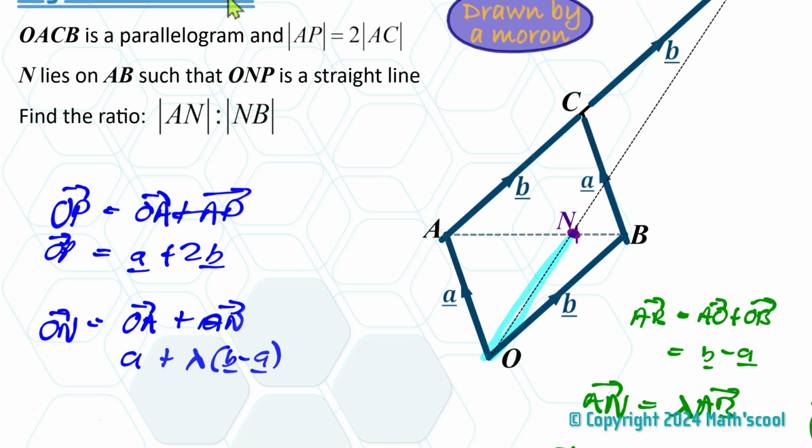And I'm just going to tidy that up. So that gives us O to N is A minus lambda A plus lambda B. I'm going to tidy it up a bit more.